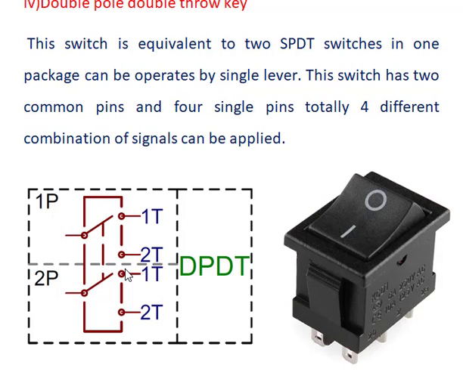Totally four different combinations of signals can be applied, here two and here two. There are two levers, so we can send four different combinations using this single switch. This type of switch is called a double pole double throw key or double pole double throw switch.